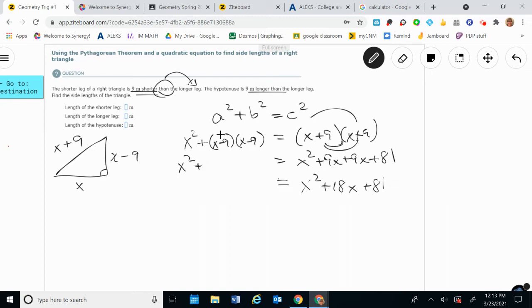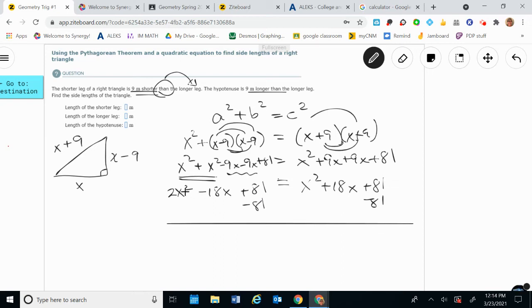This is x squared plus x squared minus 9x minus 9x plus 81, 2x squared here, and then here, minus 18x plus 81. I can subtract 81 from both sides. Again, I'm going to set it equal to 0 because it's a quadratic. Not just because, but because it's a quadratic. Okay, 81 will cancel. Subtract 18x, and I'll get negative 36x. And subtract x squared, and I'll get x squared equals 0.